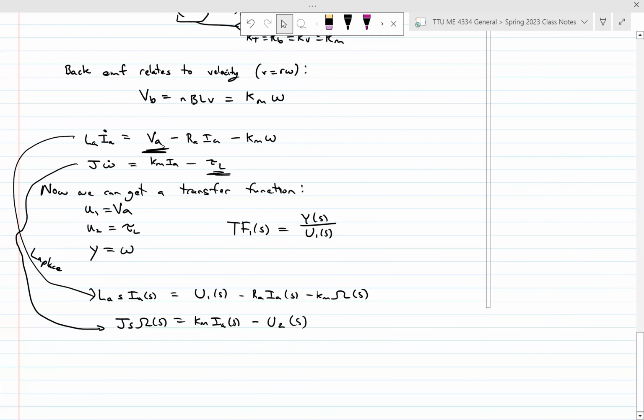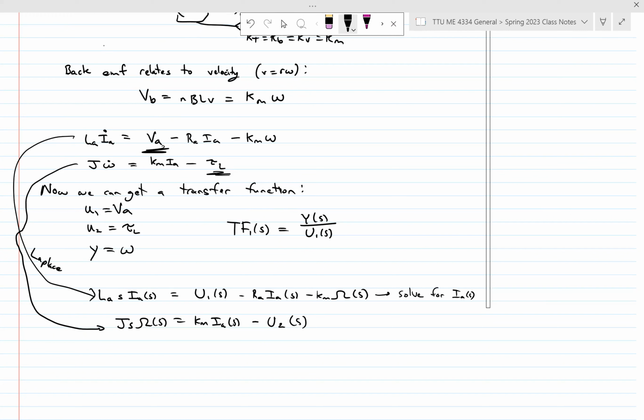What do we do from here? Pretty straightforward. Yeah, there's one extra piece here that we also need to do. But I agree, I would probably solve this for IA of s, and that'll be in terms of omega, because omega is the one we're looking for.